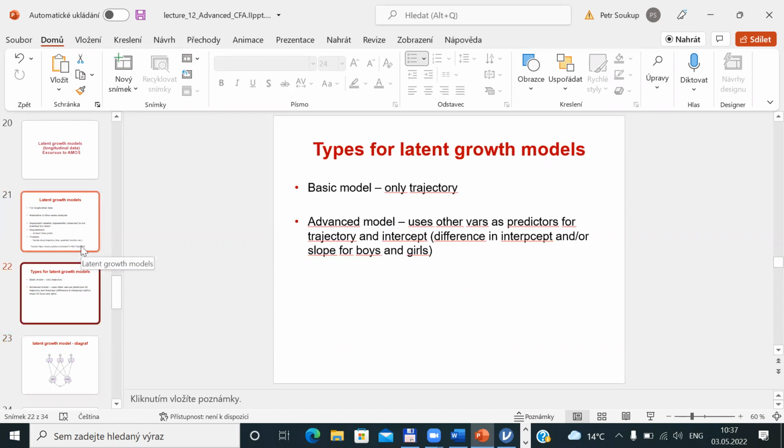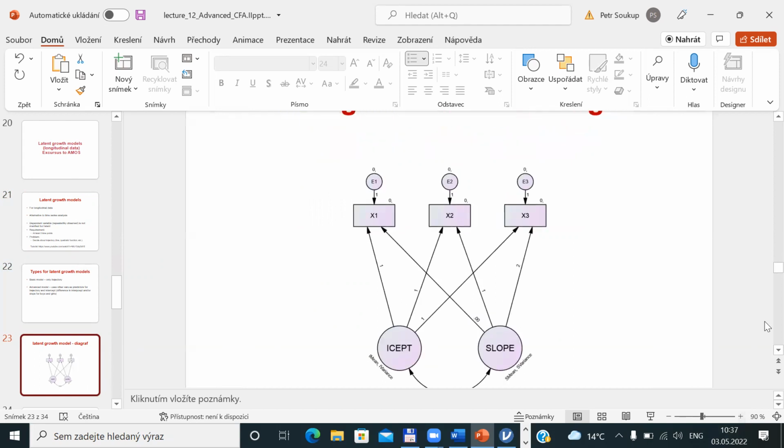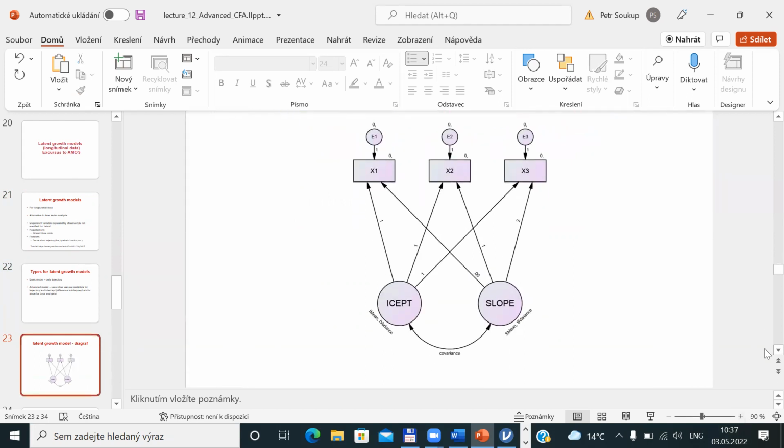Here I have a very simple case, and we will use the same example in my data. I will be measuring some phenomenon 3 times, so that's x1, x2, x3. And I will try, by latent variables, which are something like artificial, once again intercept and slope, to measure the development and also the status at the first moment. Maybe I will slightly enlarge this picture to see details, as these details are really important.